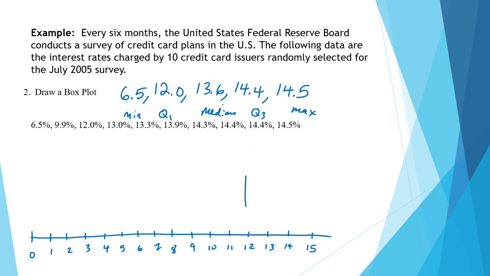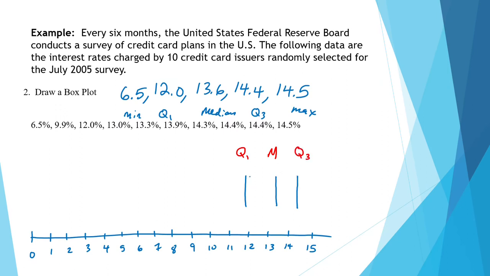The median is 13.6, so we'll draw a vertical line between 13 and 14. Q3 is 14.4, so that's going to be between 14 and 15. Remember, these vertical lines represent Q1, the median, and Q3.